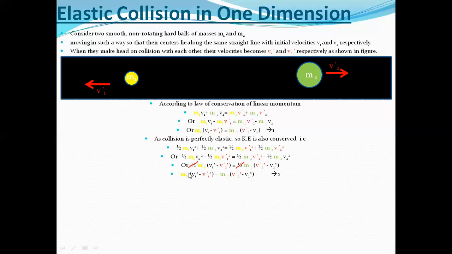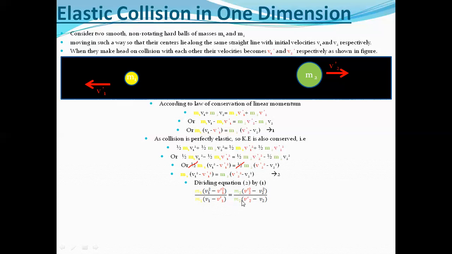Now, if we want to cancel out these masses, let us divide equation 2 by equation 1, because we are concerned with the velocities at the moment. So, dividing equation 2 by equation 1, we get m1 (v1 square minus v1 dash square) divided by m1 (v1 minus v1 dash) is equal to m2 (v2 dash square minus v2 square) divided by m2 (v2 dash minus v2).